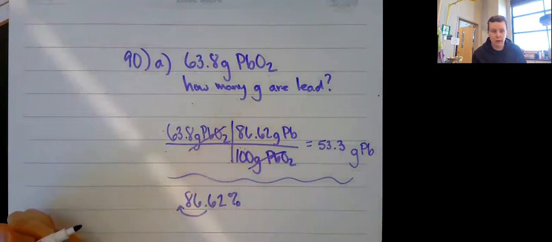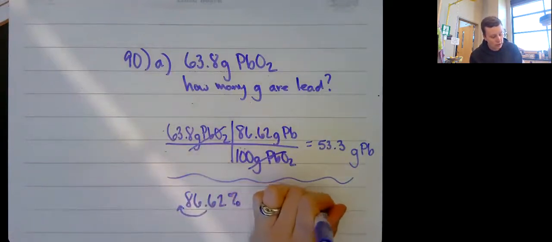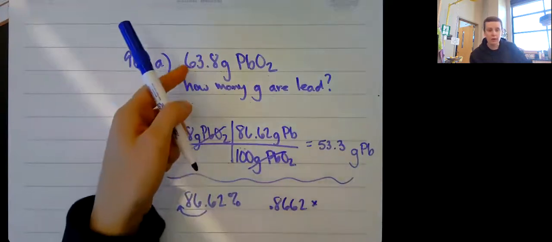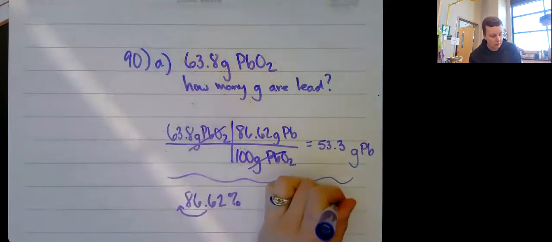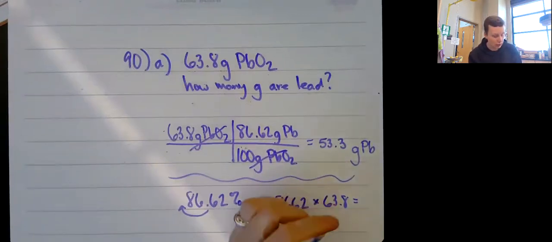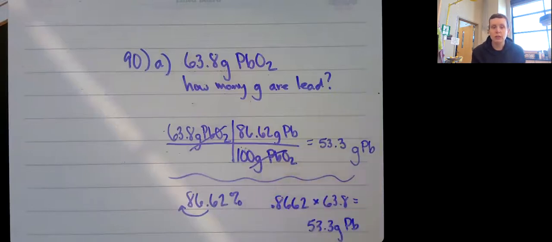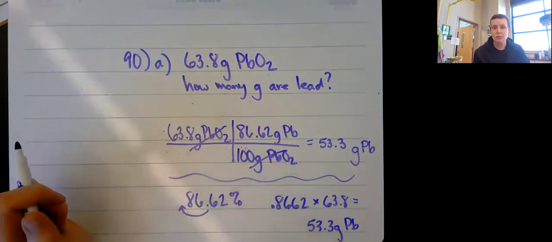Moving it over 2 spaces, 0.8662 times your value, 63.8, will give you 86.62% of 63.8. That's what this is doing. And it will give you the same answer, that 53.3 grams of lead. So you can always change your percentage to a decimal, multiply by your sample size, and that will give you the grams of that element. Okay, 2 different methods, same result.